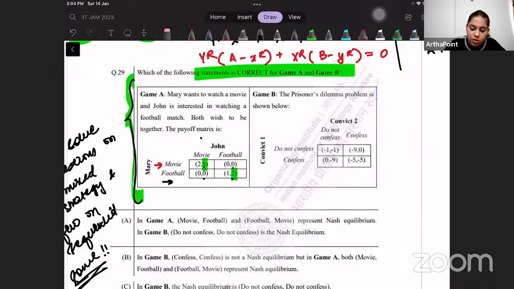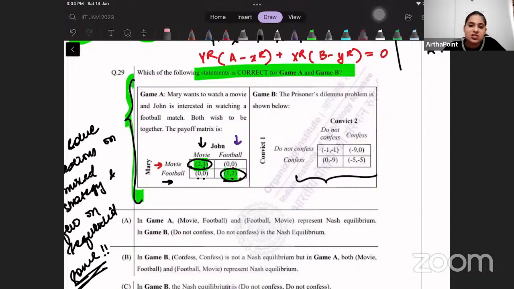When John goes for movie, between 2 and 0, 2 is greater, so 2. When John goes for football, between 0 and 1, 1 is greater, so 1. So the two Nash equilibriums we have are movie and football.